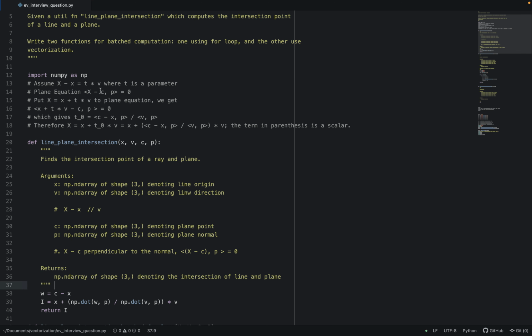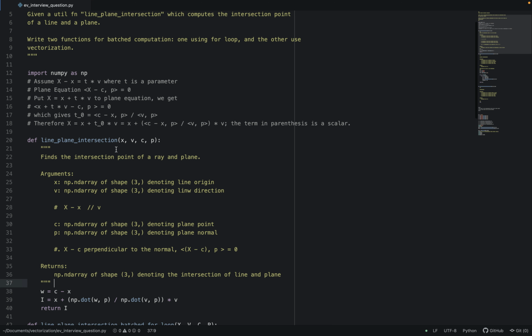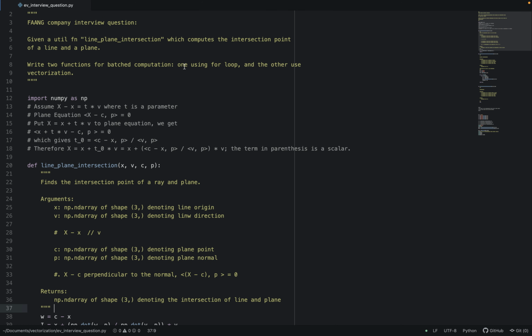First I'm going to explain the line-plane intersection function, and then we implement one using the for loop because this is very simple. The second one is required to use vectorization, so we are going to leave it to you as an exercise. If you have difficulty finishing the second function, you are welcome to comment or contact me.